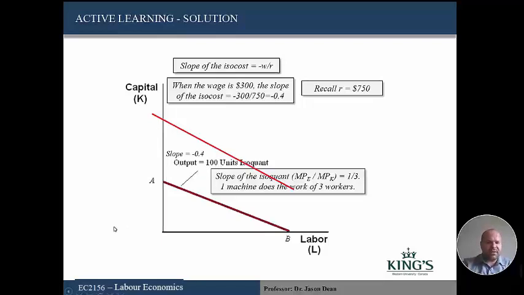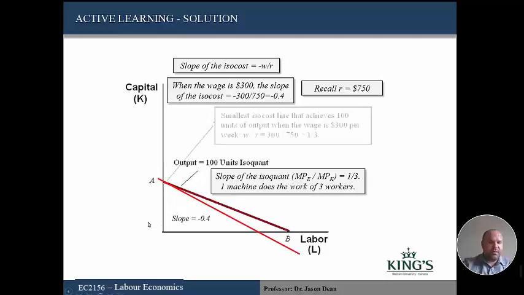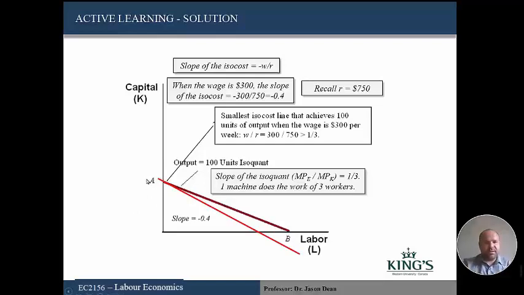So we're simply going to pull that back until we have the lowest isocost line that is still tangent to the isoquant. That would be here at point A. So the smallest isocost line that achieves 100 units of output when the wage is 300 is at point A. So we're only going to use capital, in this case 100 units of capital.